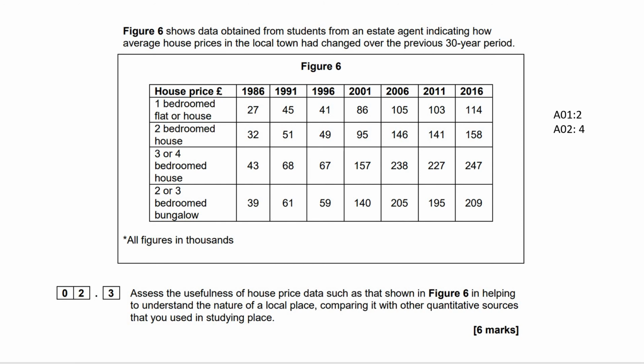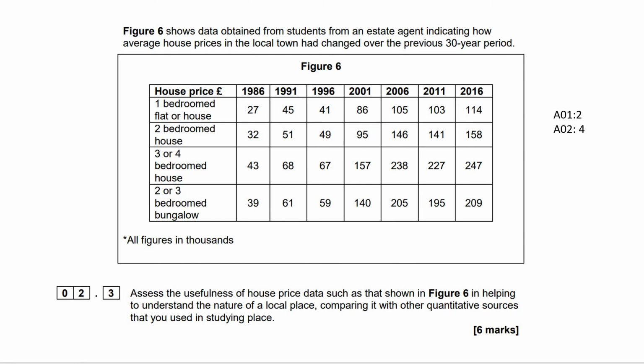Now, remember, one of the feedbacks was using command words. So this is assess the usefulness, again it's that usefulness word, of house price data, as in figure 6, in helping to understand the nature of a local place, comparing it with other quantitative sources that you used in studying places. So it's quite a beefy question.